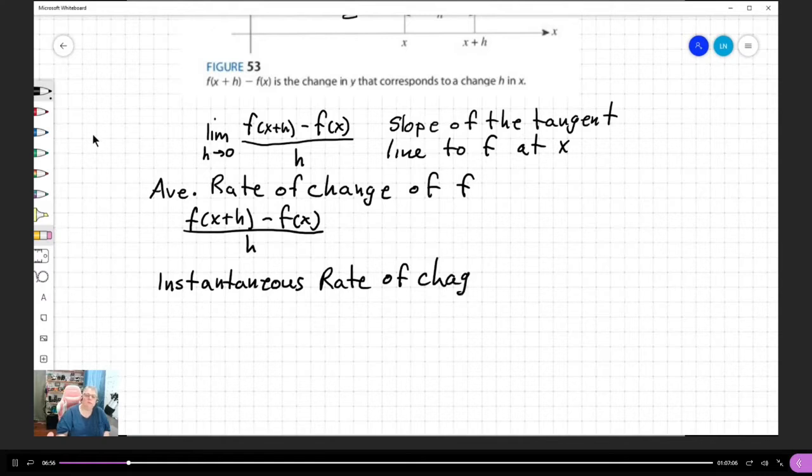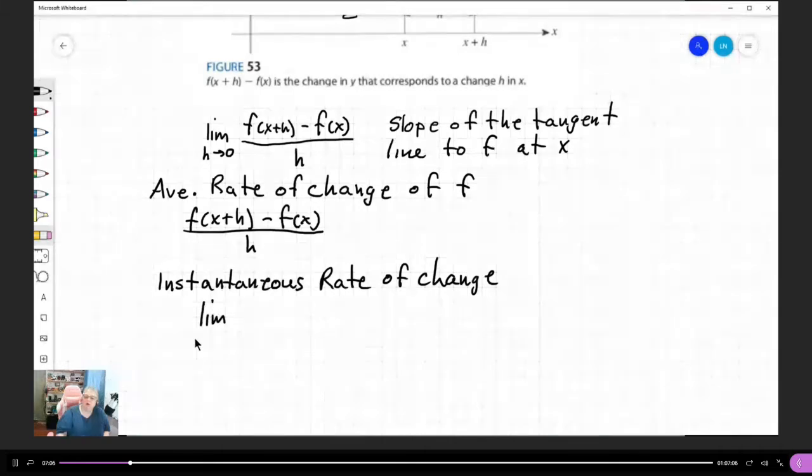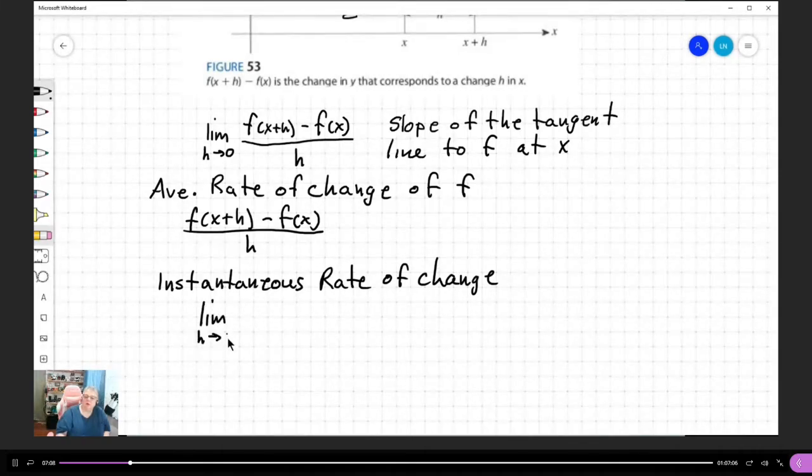The instantaneous rate of change is what we get when we let h approach 0. So that's when we take the limit as h goes to 0 of the average rate of change.